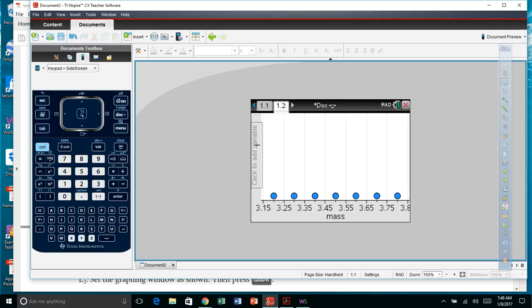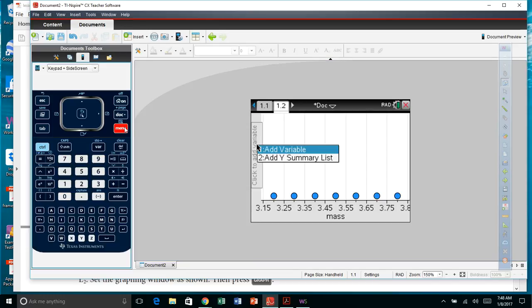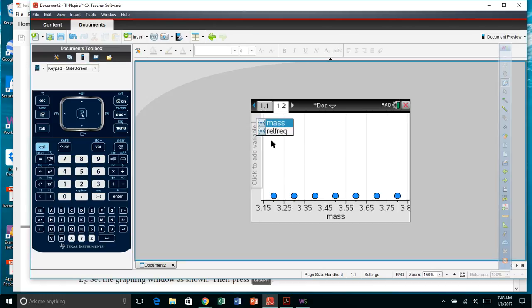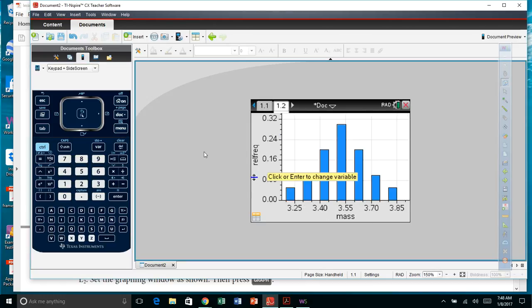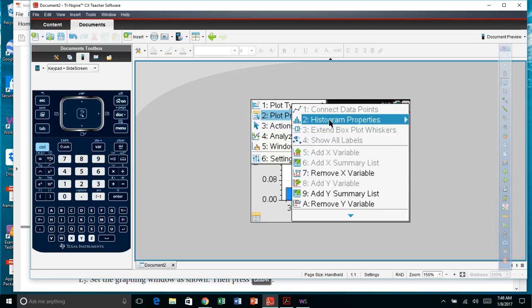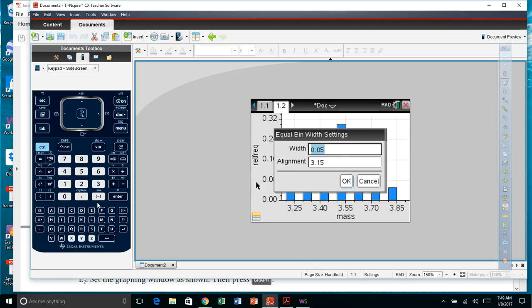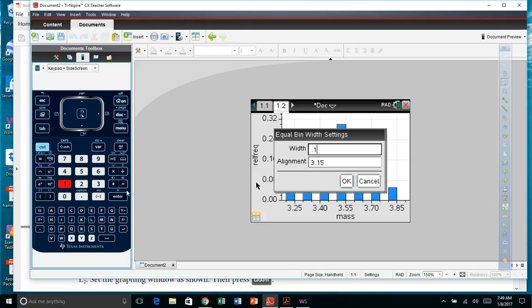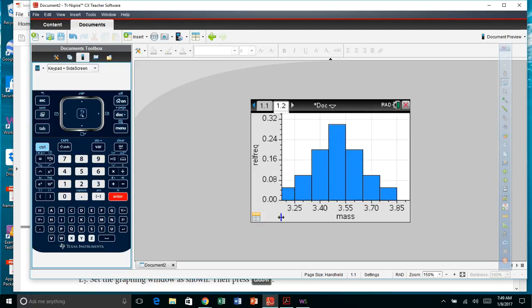And now we want to press Control Menu, adds Y summary list, and relative frequency. Now there's some space between these, and we can fix that easy. Menu, 2, 2, 2, 1, and we'll put in 0.1. All right, we got that fixed. Not a problem.